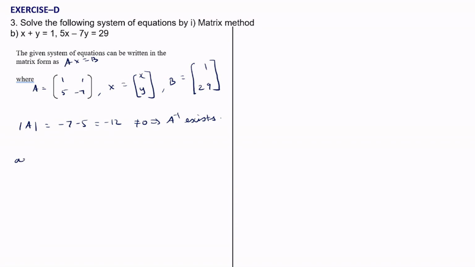And next let us find adjoint of A. Adjoint of A is obtained by interchanging the diagonal elements and changing the sign of the other elements in A. So this is adjoint of A. Now A inverse equals 1 by determinant of A into adjoint of A. So this is equal to minus 1 by 12 into [-7, -1; -5, 1].